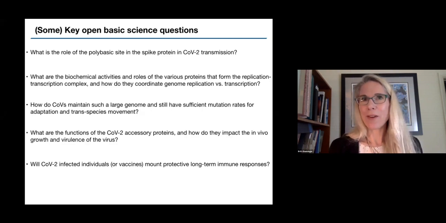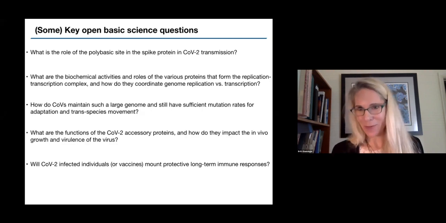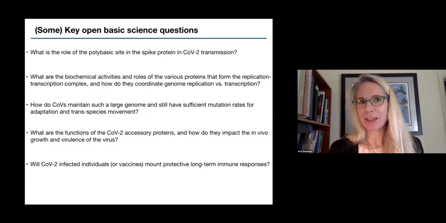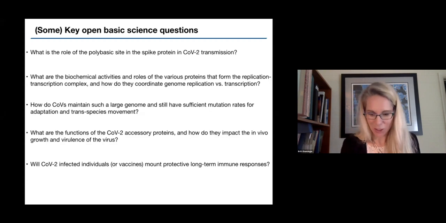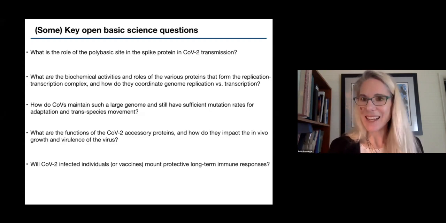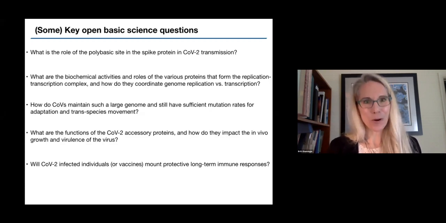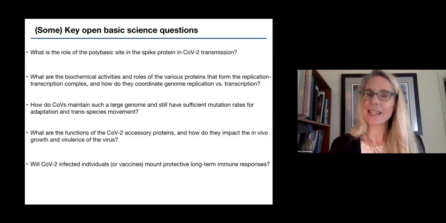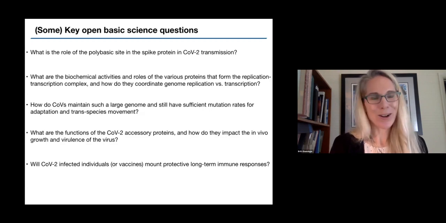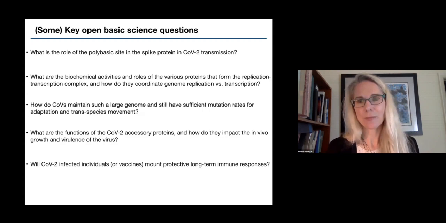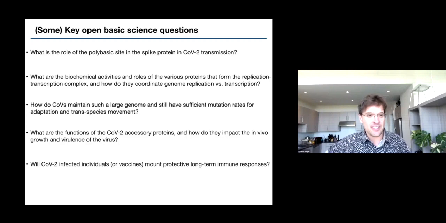Whether that's because both can occur or because systems differed when these things were measured is a little unclear. But it's going to be very important to clarify, because, as you're aware, drugs that block endosome acidification could be viable targets if acidification is required for COVID-2 entry.